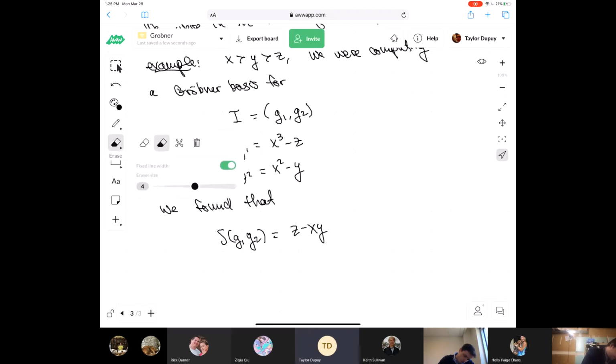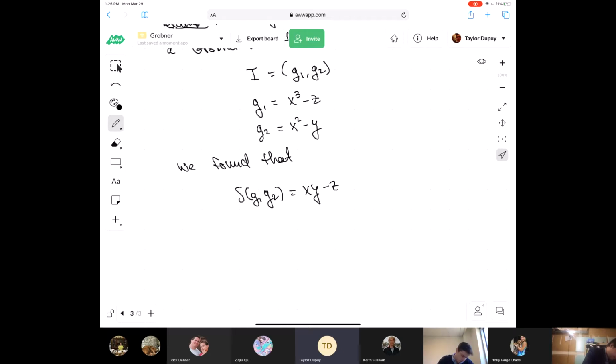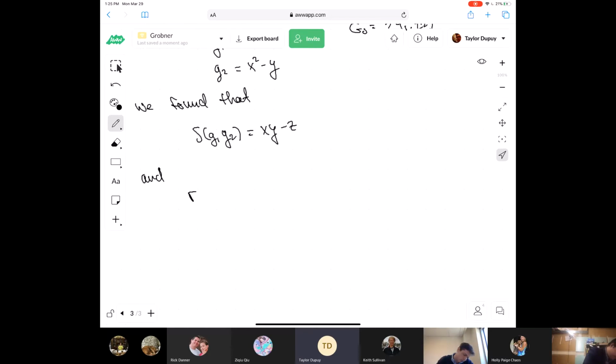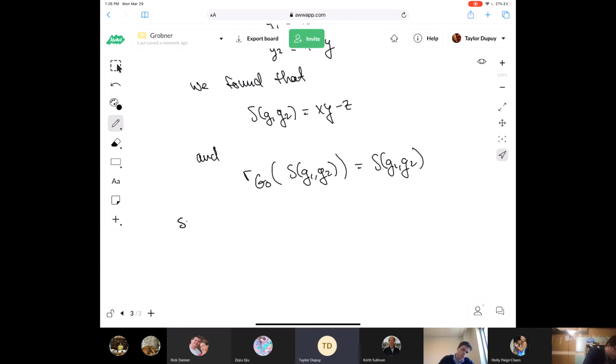So let's do this. xy minus z, and let's say G0 is G1, G2. And the remainder with respect to G0 of this syzygy was the syzygy itself. Okay, so we make a new basis.